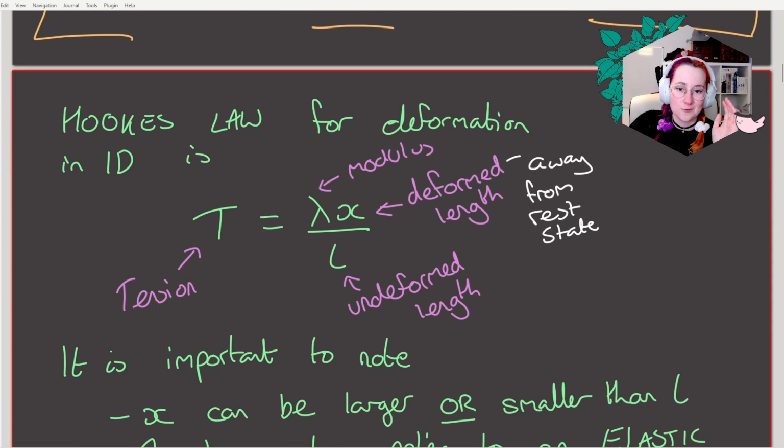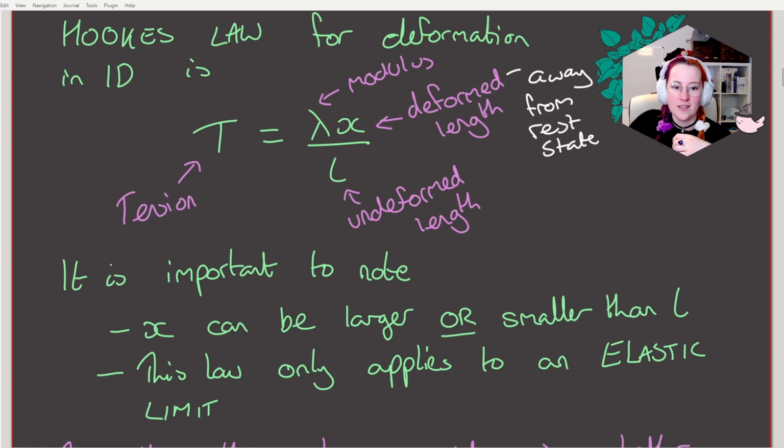But in particular, we saw Hooke's law for deformation in 1D. So tension has a relationship with this measure of elasticity, how much something is likely to deform, and the ratio between its new stretched or compressed length and its undeformed state. Which basically told you the further away that something is from its rest state, the more force or tension is stored in it.